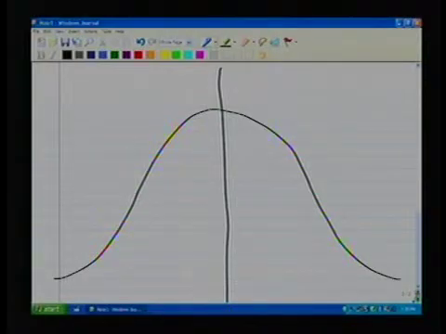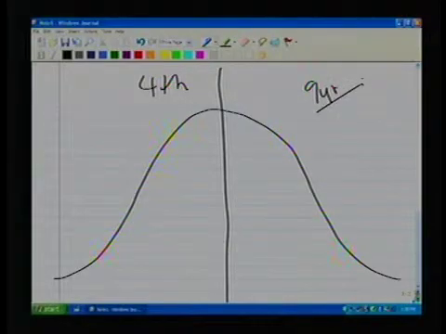Say you are a fourth grade teacher, okay? And say you have a child in the fourth grade, how old would he be? 6, 7, 8, 9 years old? Say he's 9 years old.